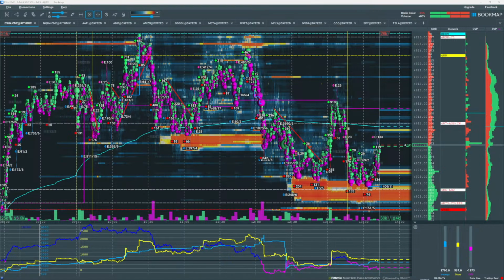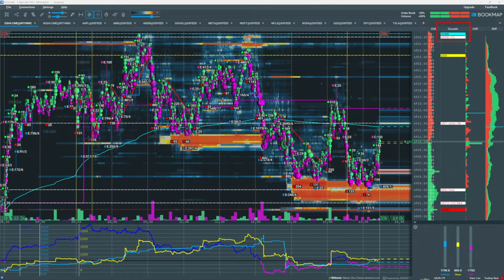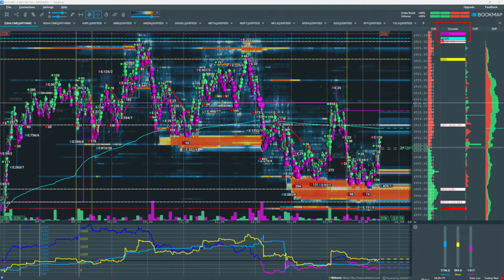All right, let me point out on my chart here, my Bookmap chart, I have cloud notes. These are my own cloud notes, so I can show SPX levels. There's that combo 1 level that acted as resistance earlier today.